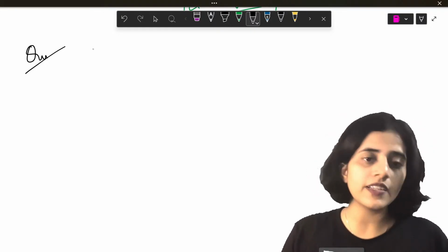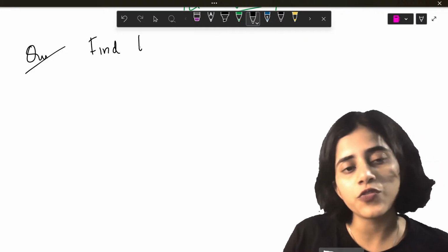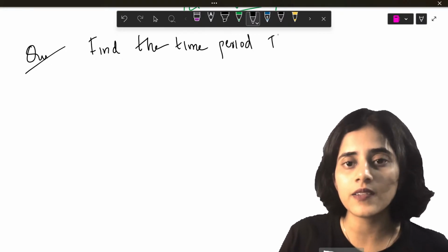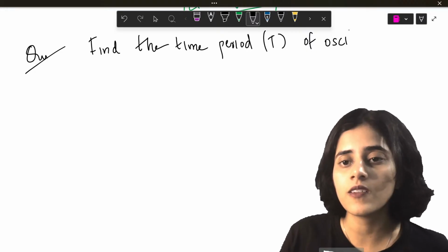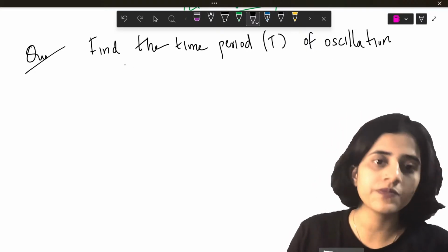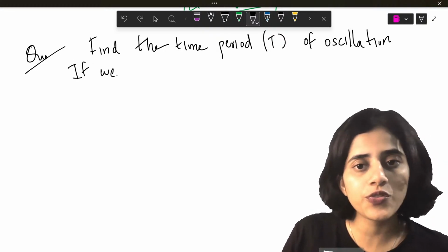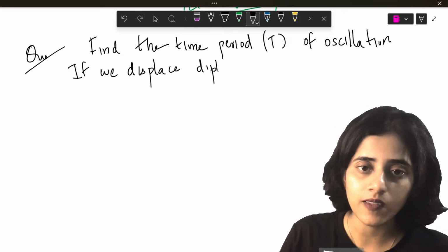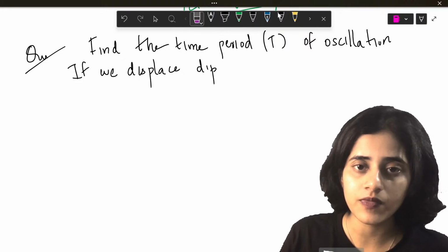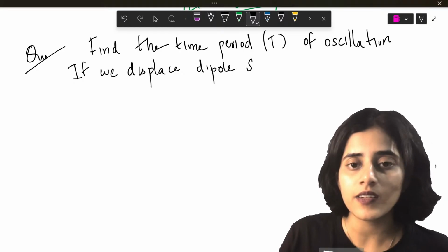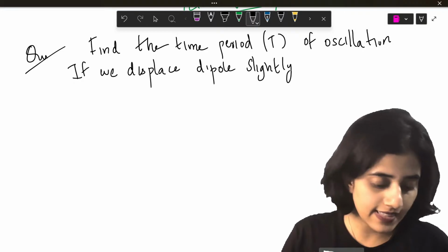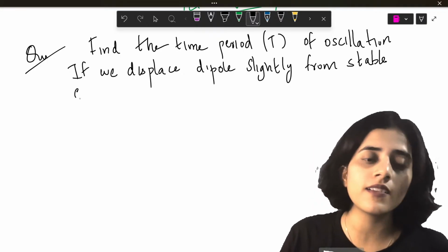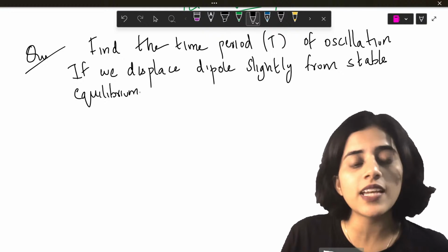Find the time period T of oscillation if we displace the dipole slightly from stable equilibrium position. What is the stable equilibrium position?